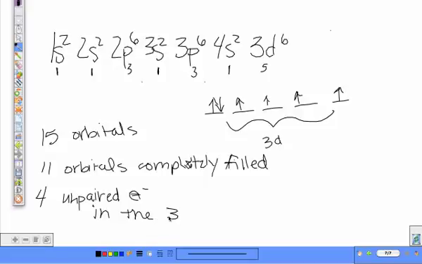Yep, 3D. Yep, in 3D. The 3D sublevel. Questions on how we figured those out?